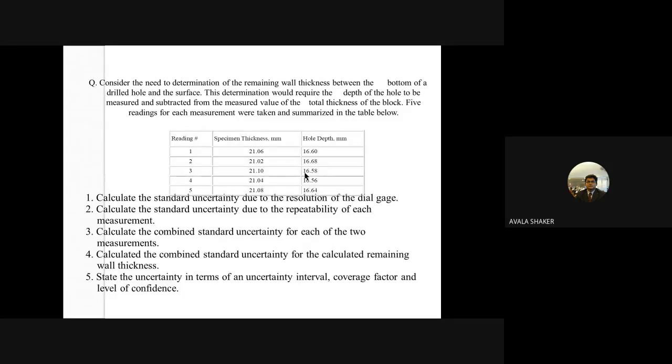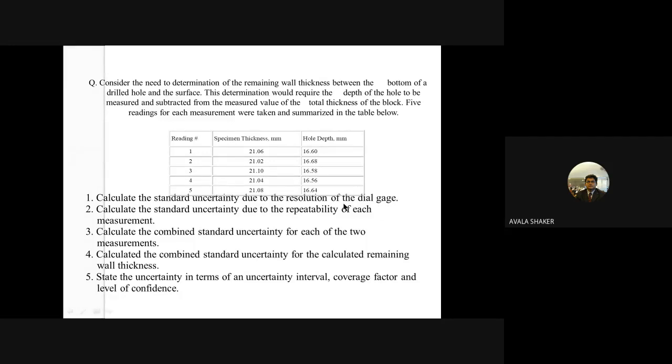Here you can see I have done the calculation. The data is taken small, but if you have huge data, then the amount of work you'll have to do is much larger, and using Excel functions you can get your answers within minutes. So this is the reading. We have 5 readings of specimen thickness and the reading for the hole depth. You have to calculate the standard uncertainty due to the resolution of the dial gauge.